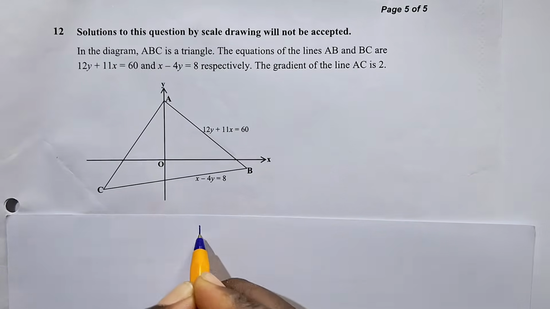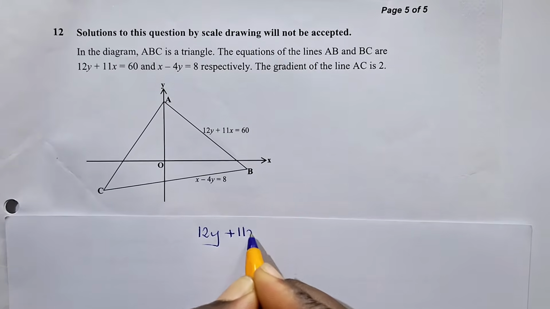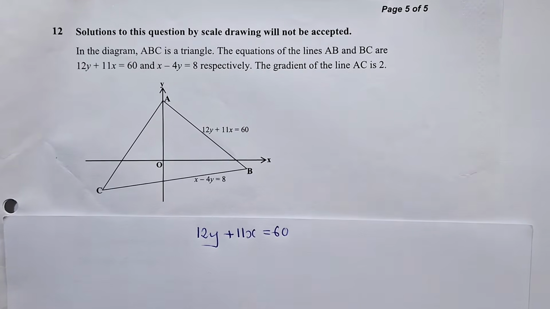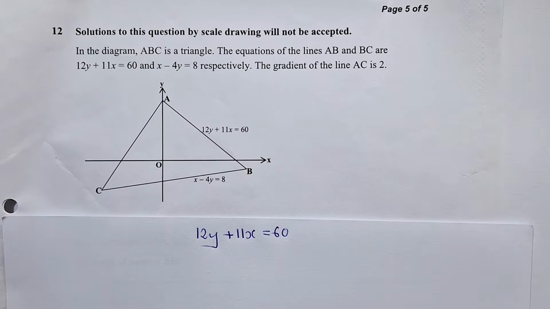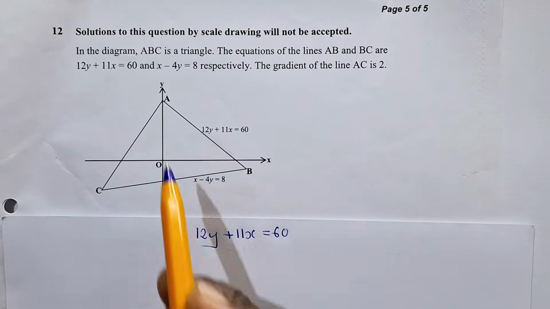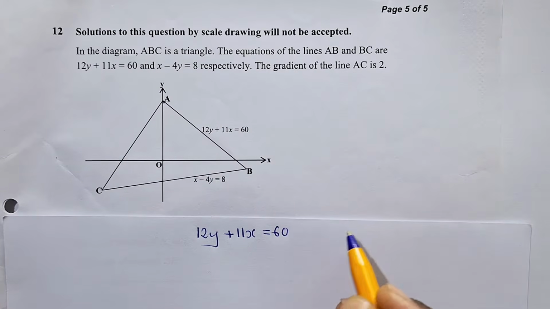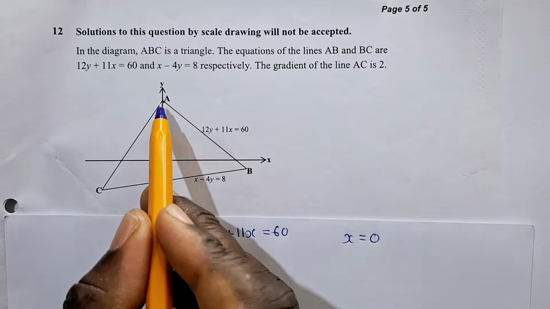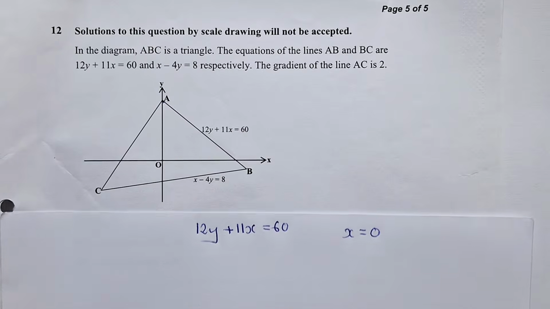So that is 12y plus 11x is equal to 60. I'm going to use what we call the y-intercept to find the coordinates at A. For the y-intercept, x is always 0, so the x value at A will always be 0.